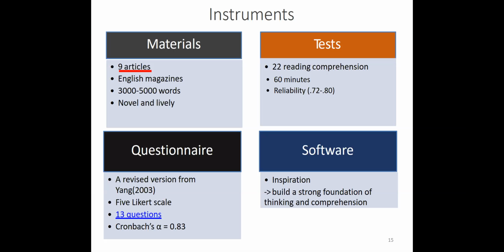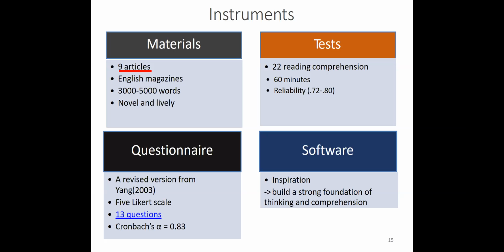So the questionnaire is a revised version of Young's questionnaire, the 2003 version, with the current Cronbach's alpha of 0.83, and a 5-point Likert scale is used.